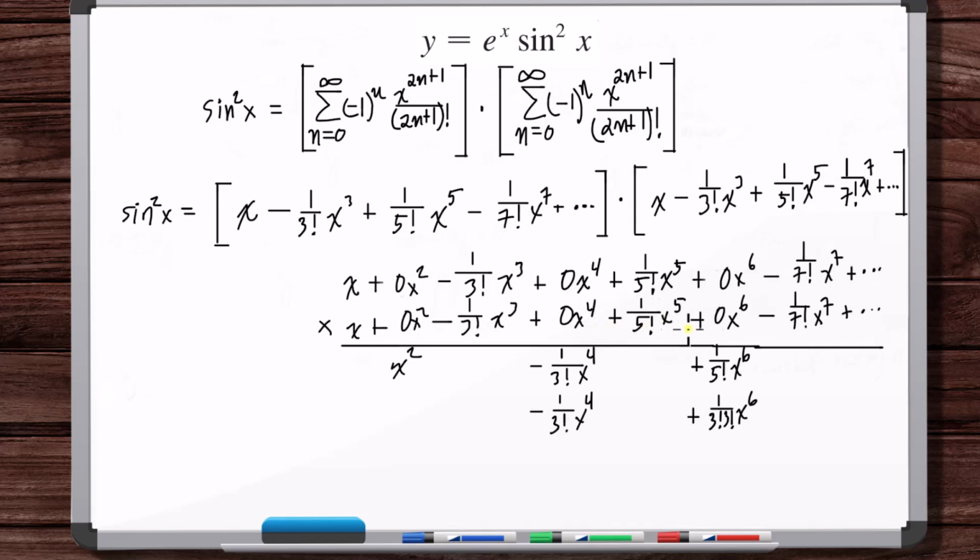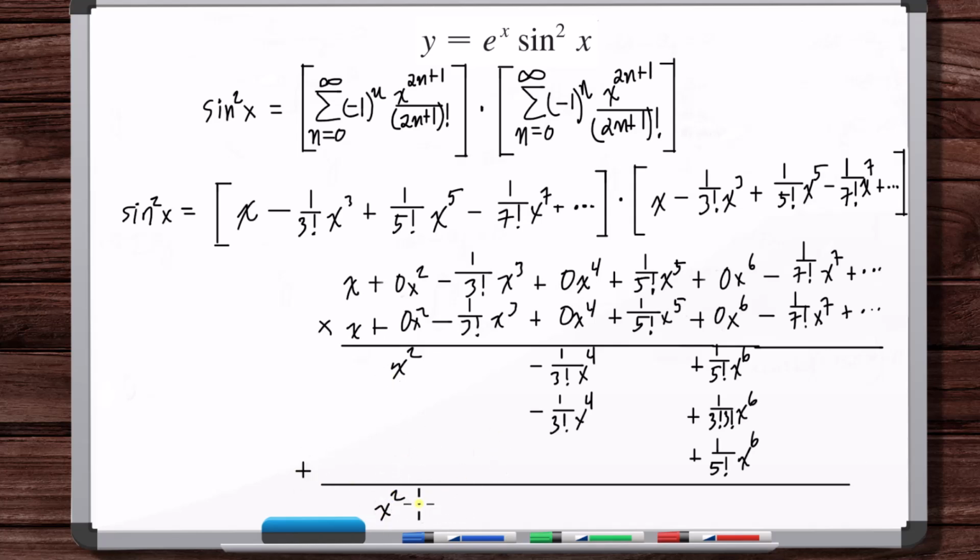Because even, well, no, we have to do this. 1 over 5 factorial times x to the fifth times x is plus 1 over 5 factorial x to the sixth. So now there's no more multiplication we can do to get something that has a power of x to the 0, x to the first, x to the second, all the way to x to the sixth. So, okay. Now we want to add all this.